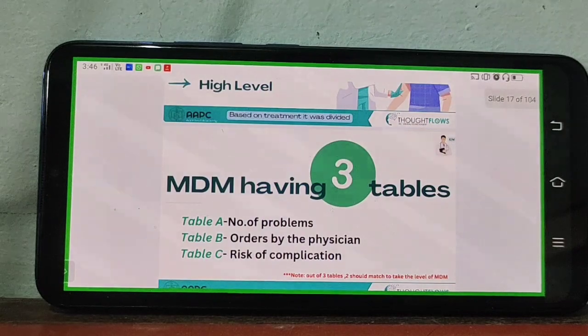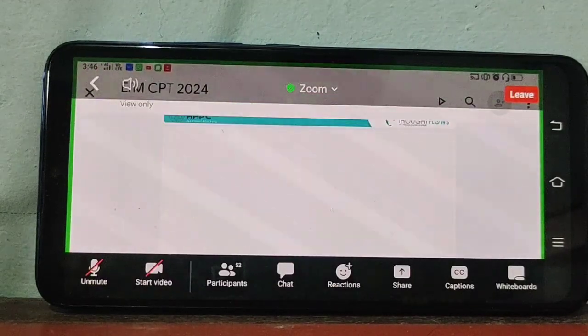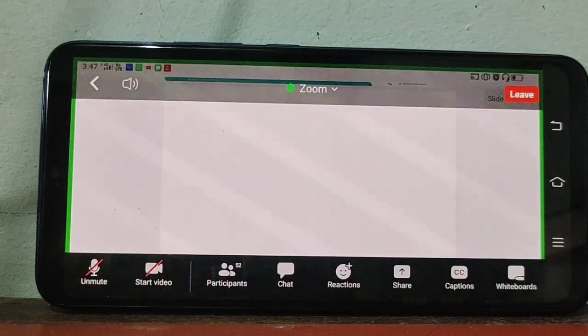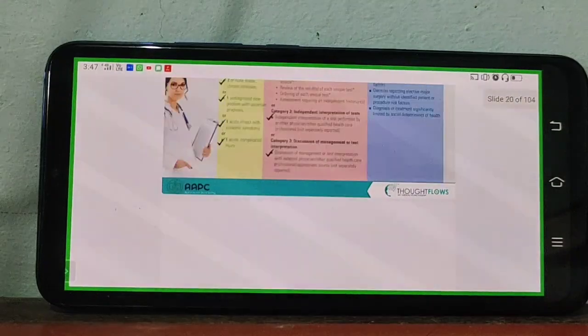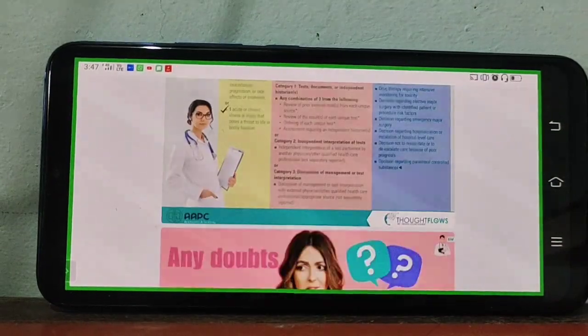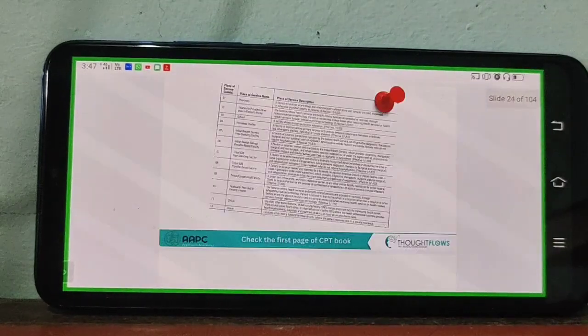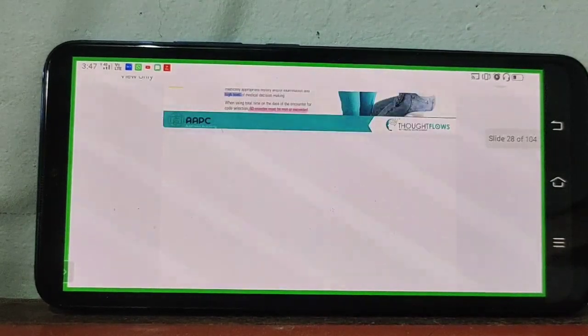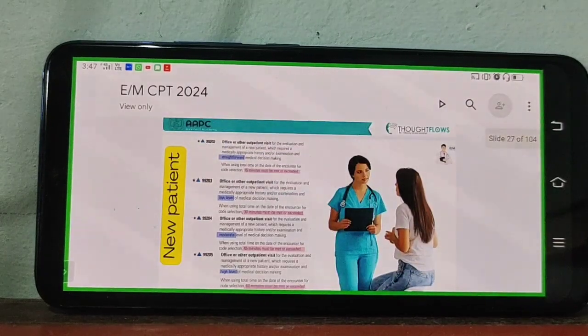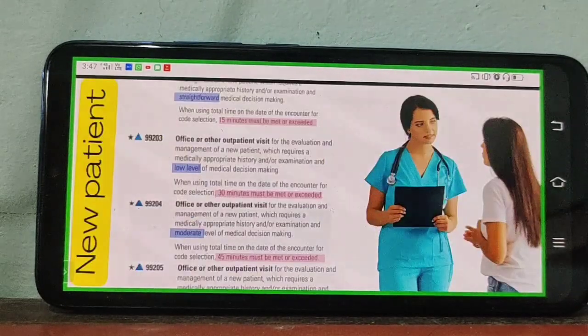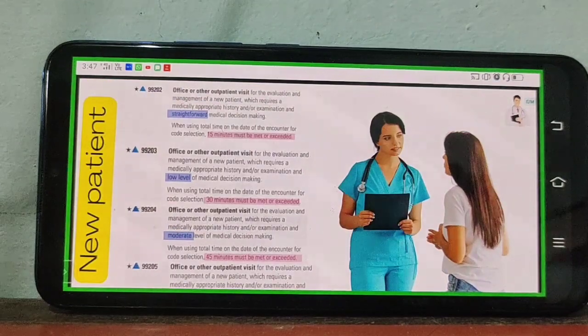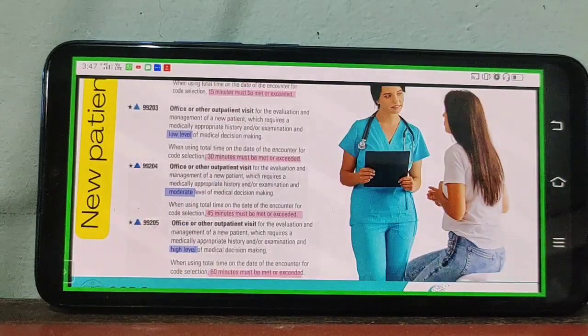After that, I will explain this table. Now, this is the code description of OP, office or other outpatient: straightforward MDM, 15 minutes, 99202; low MDM, 30 minutes, 99203; moderate MDM, 45 minutes, 99204; and high MDM, 60 minutes, 99205.